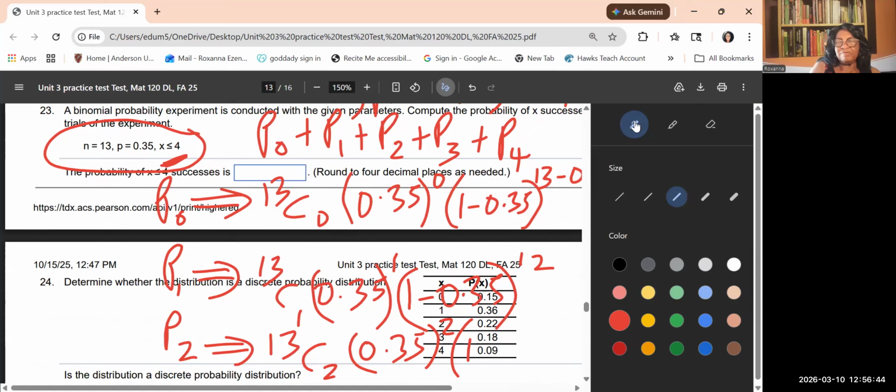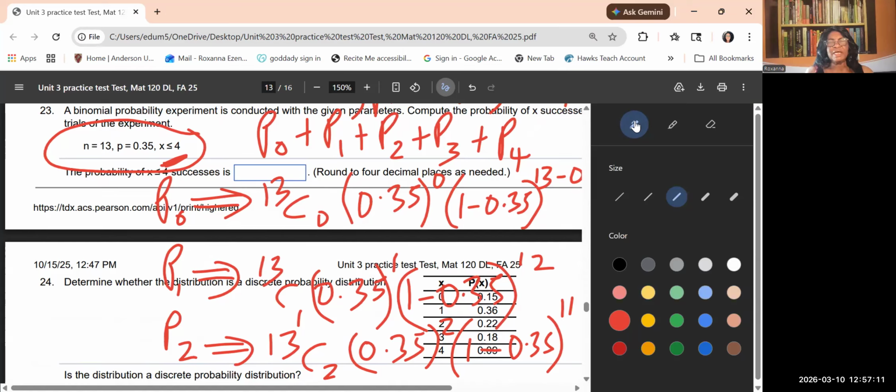I can write that failure as 1 minus success, to power 13 minus 2, which is 11. And so on until I get to 4. Then I add P0 plus P1 plus P2 plus P3 plus P4. When I do all of them, I'll get the answer.